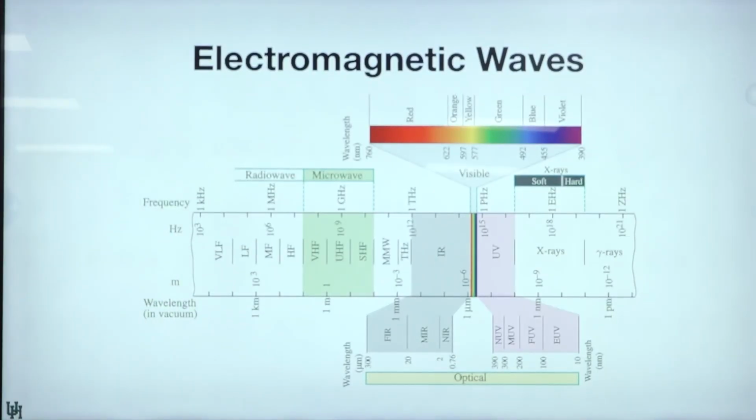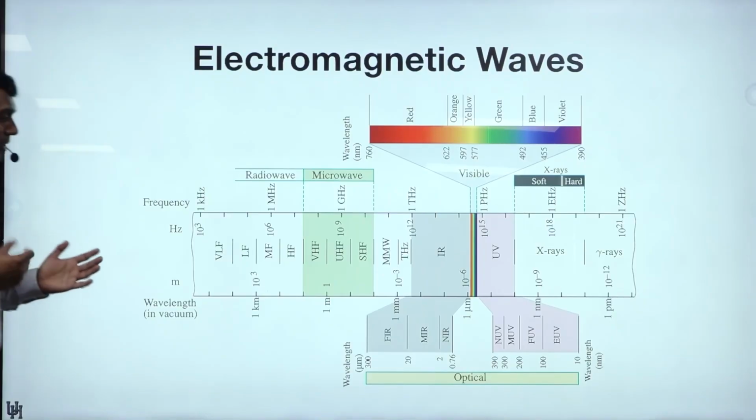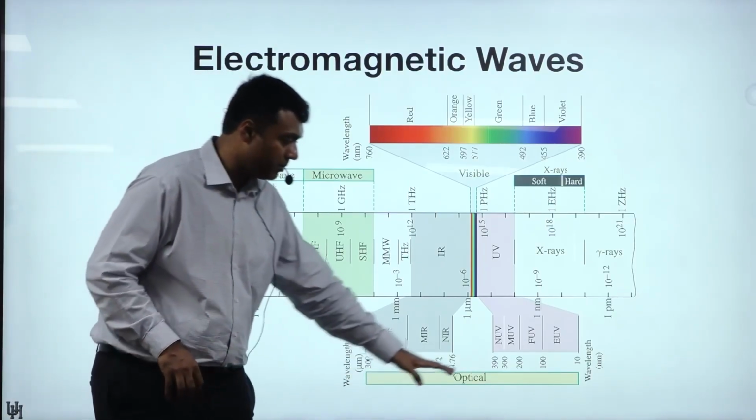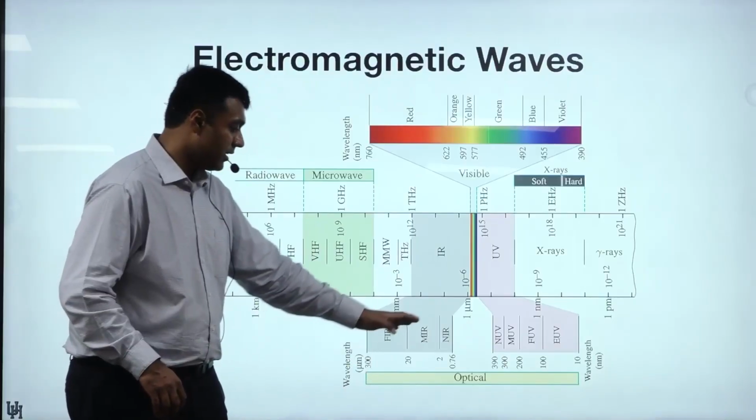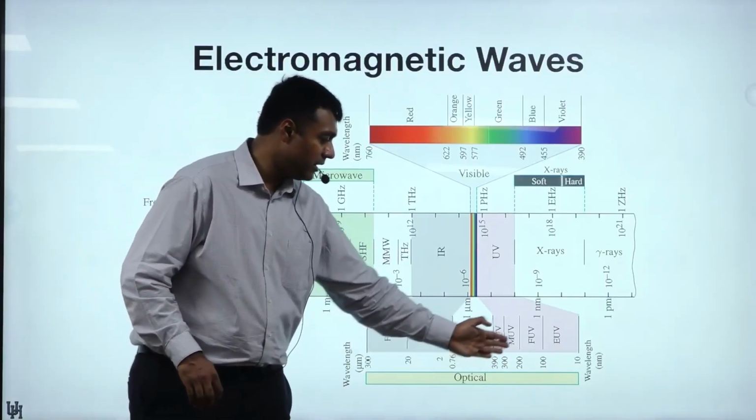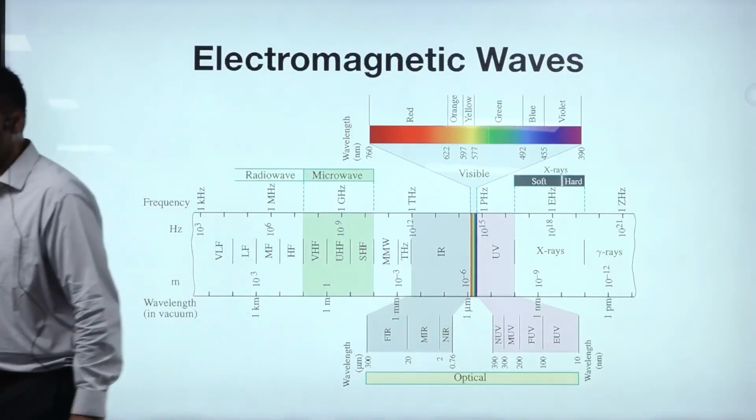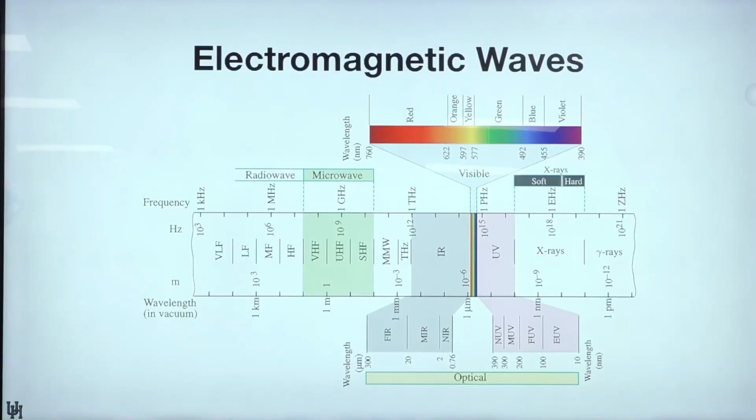So you have electromagnetic waves across the entire electromagnetic spectrum. There are all kinds of waves, and this is true whatever phenomena we are talking about. When we typically talk about optics, we are talking about far IR, mid IR, near IR, visible, and UV, and so on. This is typically what comes under optics.